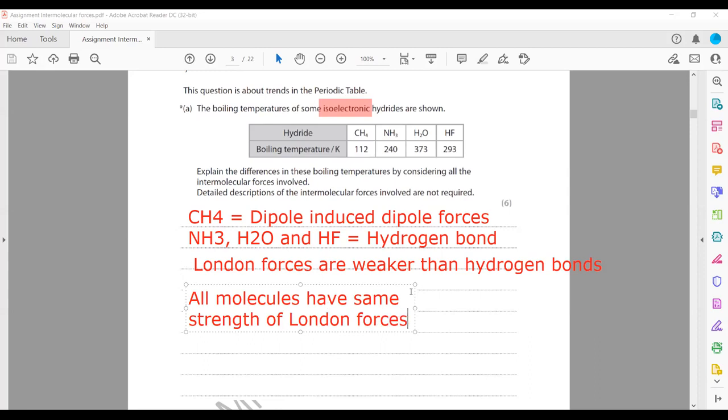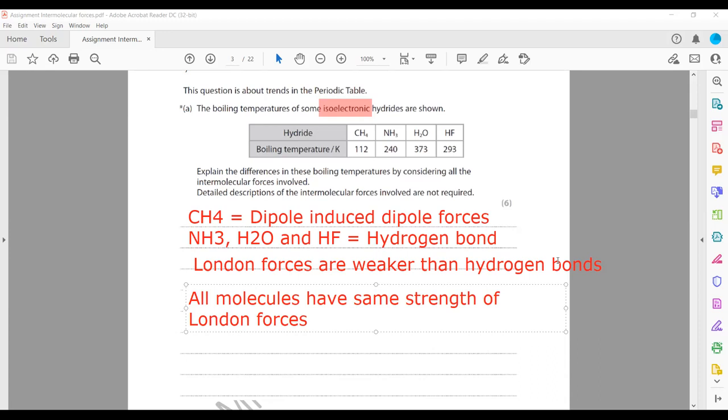The first point: when we mention methane has dipole induced dipole force, it is referring to a major force. The same thing applies for ammonia, water, and hydrogen fluoride, which also have dipole induced dipole force, but in the beginning we do not mention it, because we were talking about the major force.